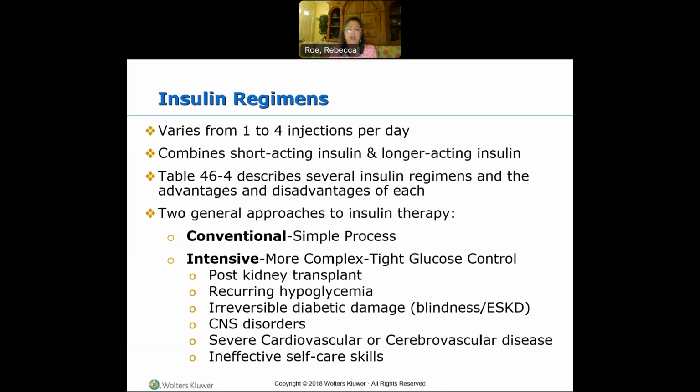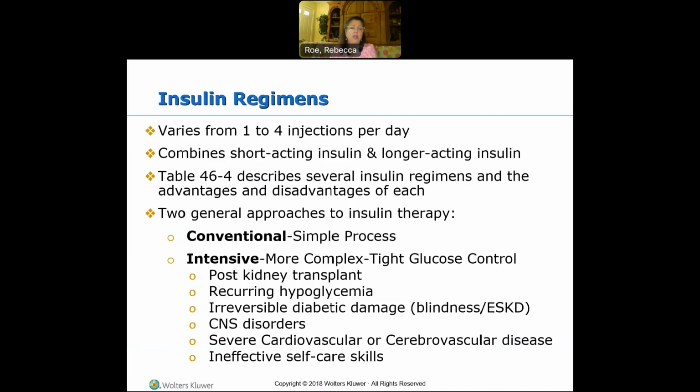If these patients have irreversible diabetic damage like blindness or kidney disease, if they have CNS disorders, if they've gotten cardiac or cerebrovascular disease, like if they've had an MI or a stroke and they're severely debilitated, sometimes after a stroke or an MI, diabetes can be really hard to manage.